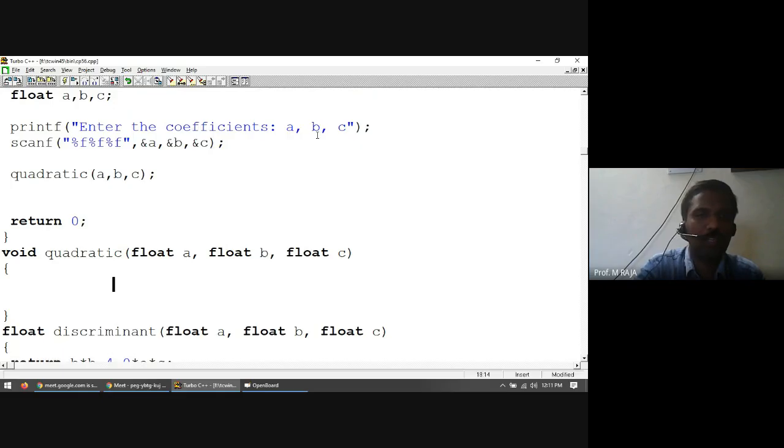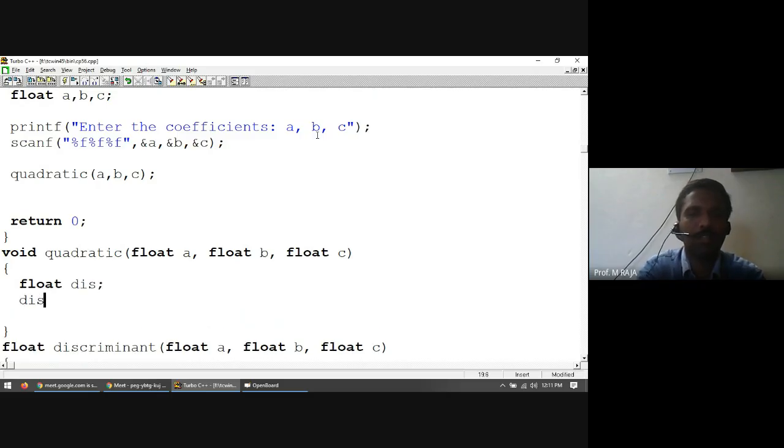For example, the variable discriminant is not necessary here, assuming that we are calling a function so that the variable discriminant is assigned discriminant a comma b comma c.